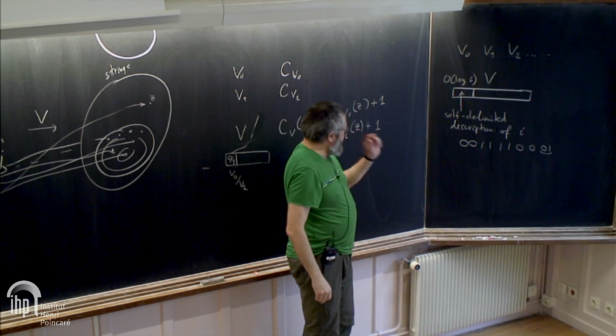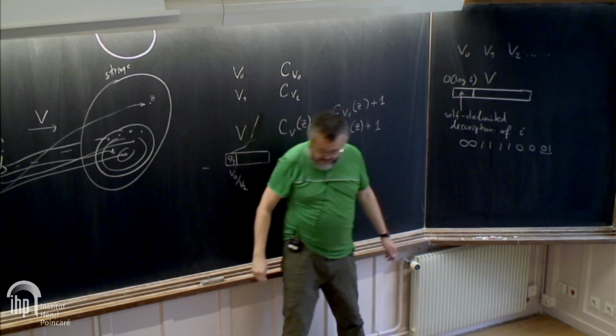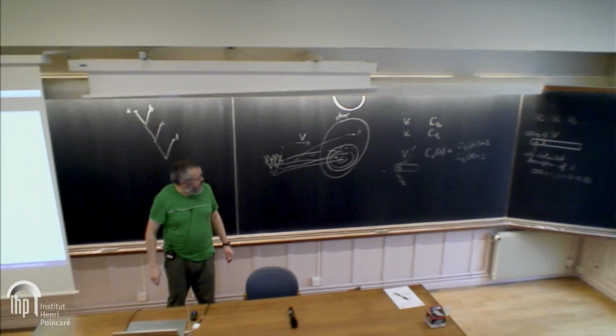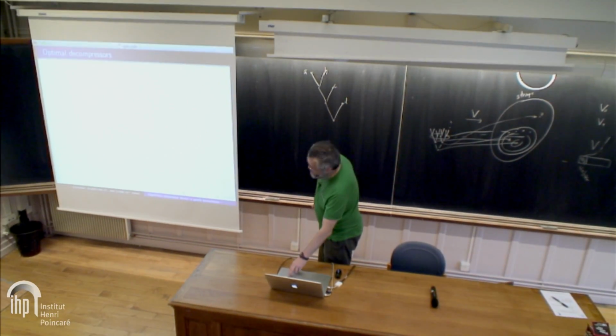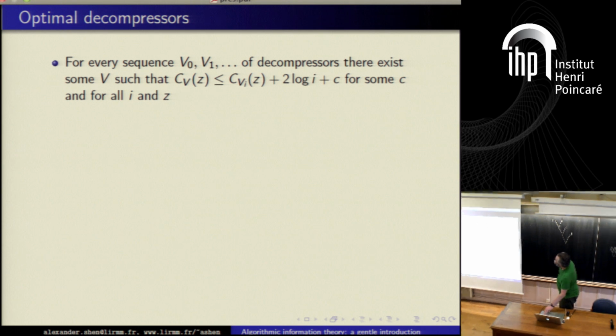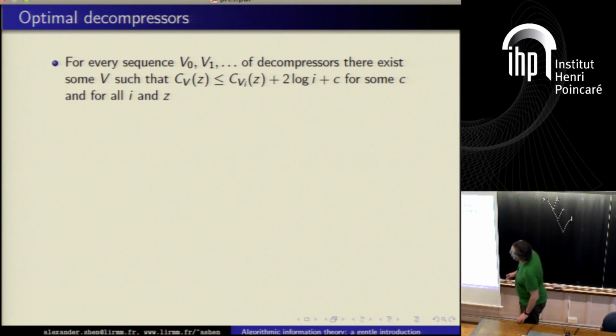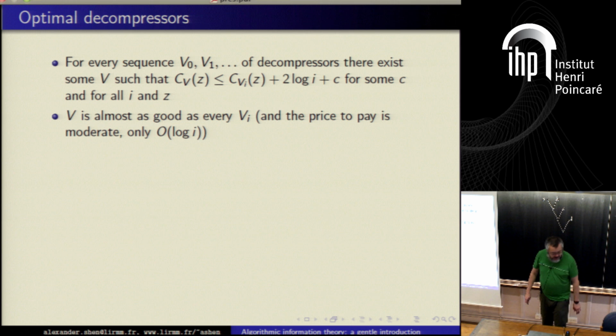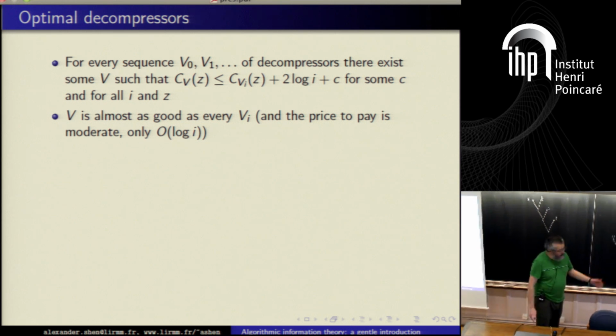So we need some overhead, and then we can beat all the V_i, but with a constant which depends on i. Formally it will be 2 log i plus C if we use this thing. This shows that we can use it for computable things.